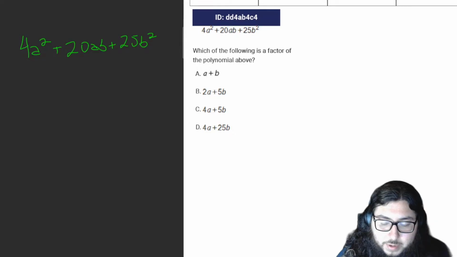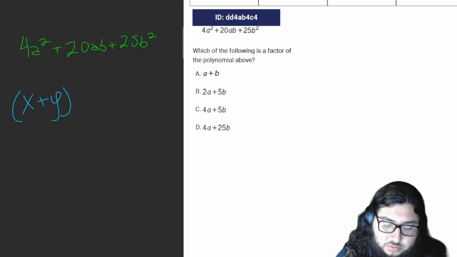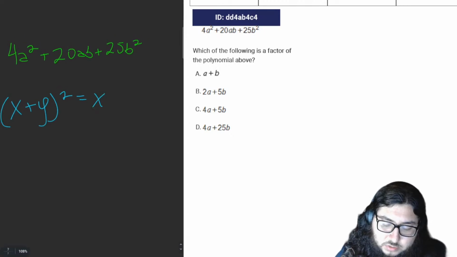And you may notice a pattern here, and if you haven't, that's okay. But there's such thing as a square binomial where we have x plus y squared is equal to x squared plus 2xy plus y squared.